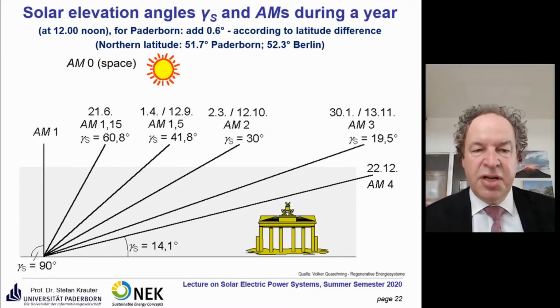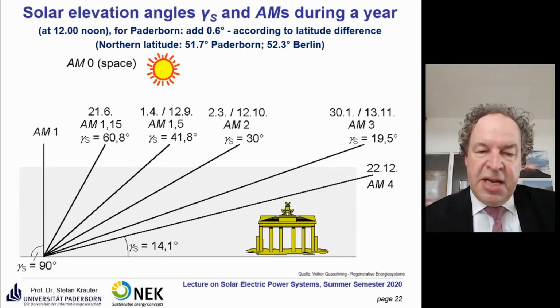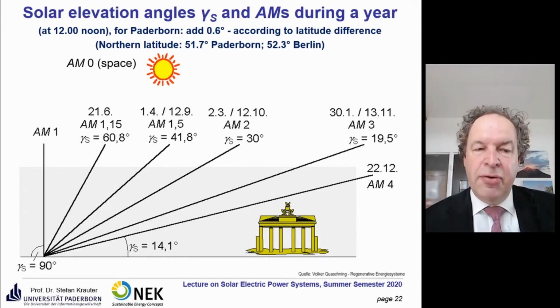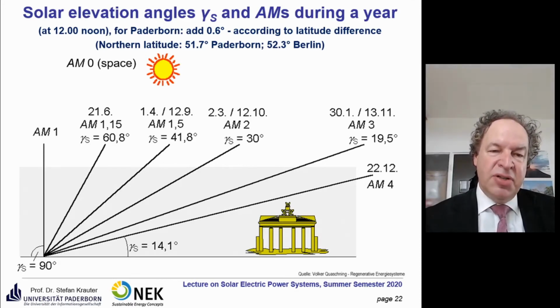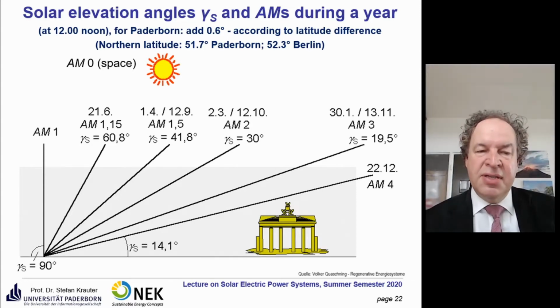If you take a look here, for example, it's a nice graph from Berlin about the different elevations and angles of the sun during the different parts of the season. Same as for Paderborn, we never reach AM1. The highest angle we can reach in Berlin on the 21st of June is 60.8 degrees, while Paderborn is a little bit more south, exactly 0.6 degrees more south, so we can have a higher angle.